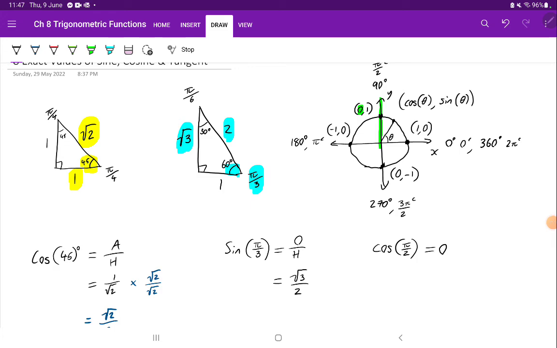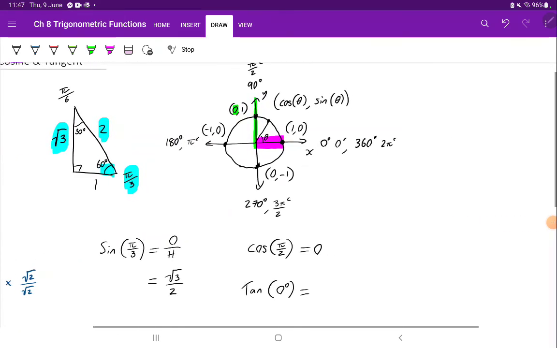Now, the problem is going to be tan. Tan is annoying. So let's do the tan of 0 degrees. So the tan of 0, well, where does tan live? Well, tan actually lives, and this is going to be an important one, because you'll notice on the unit circle we actually haven't written tan anyway.